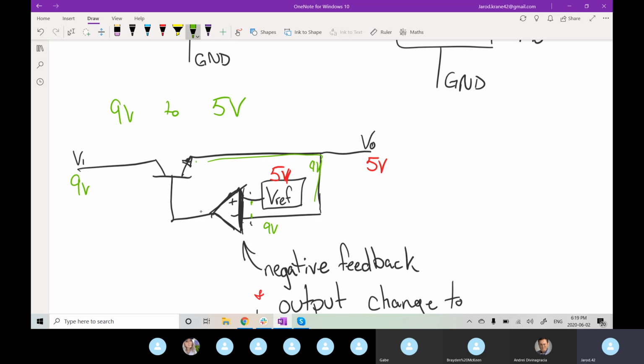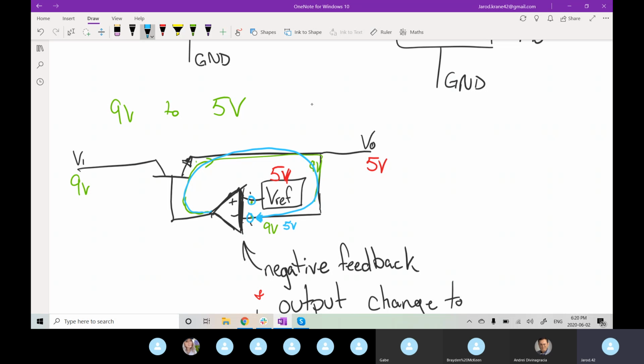Since the output ties directly back to the one input pin, the output wants to change such that this pin also drops down to 5 volts, so that the difference between our two input pins is 0.